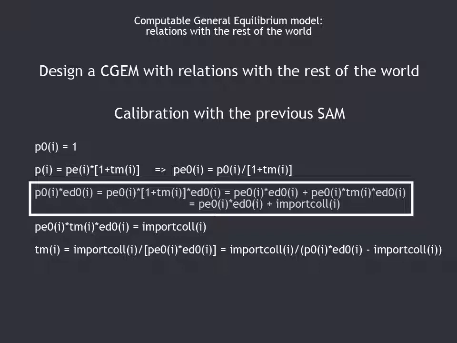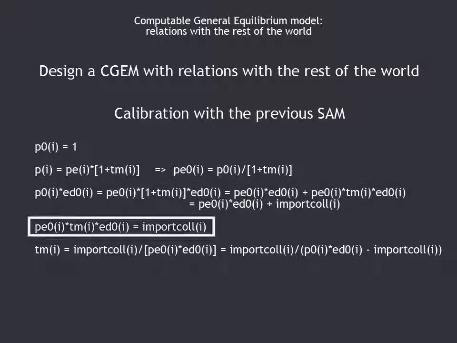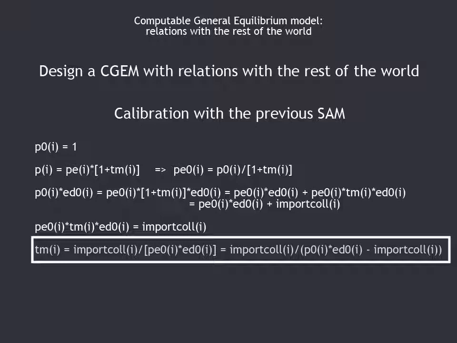the social accounting matrix. So you can use this to calibrate Tm in sector I, because you can write PE0 in sector I times Tm in sector I times ED0 in sector I is equal to import call in sector I. And so you can derive from that Tm in sector I is equal to import call in sector I over PE0 in sector I times ED0 in sector I. The problem is that you do not know PE0.